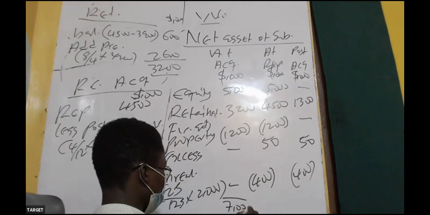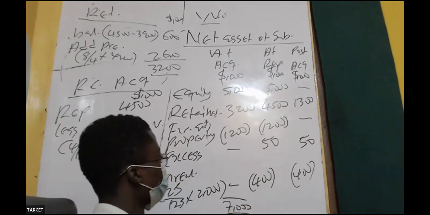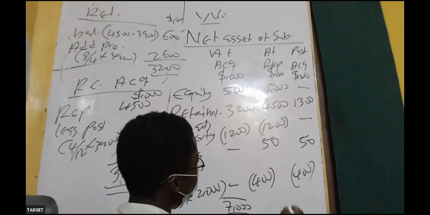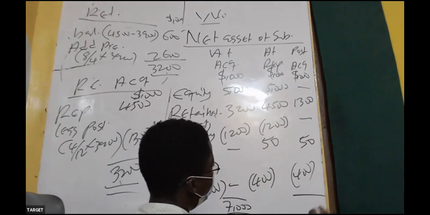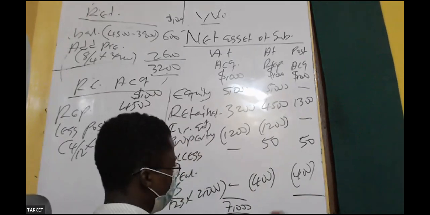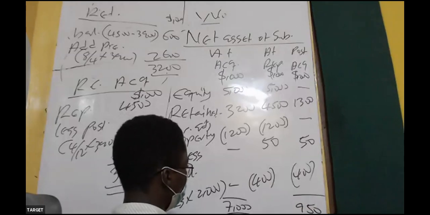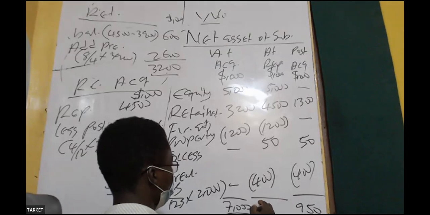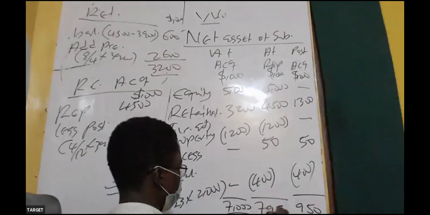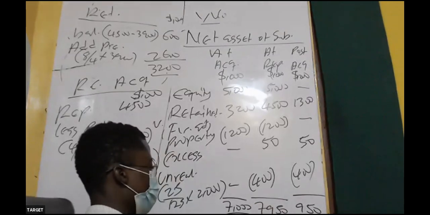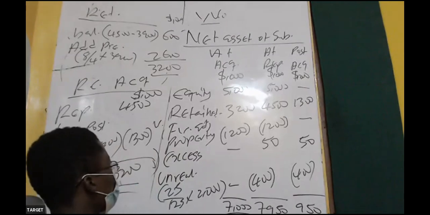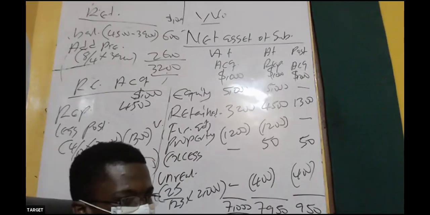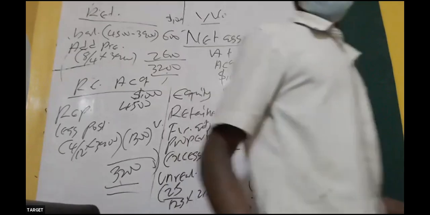So 7,000 at acquisition. And you said that post acquisition would be 950. So at reporting 7,950. And then that is all. We are done with the net asset both at acquisition and at reporting.